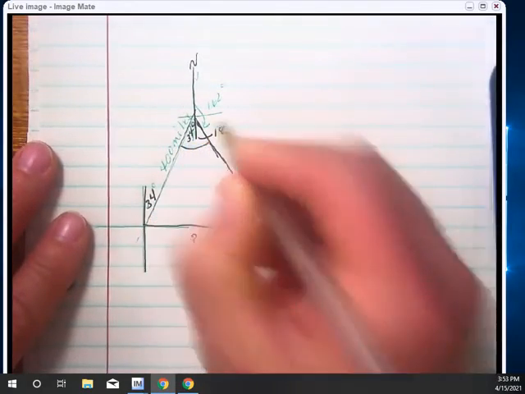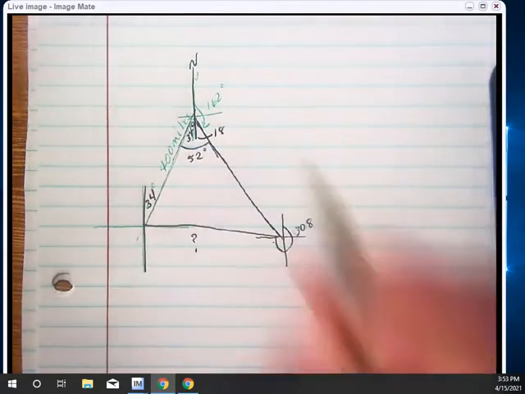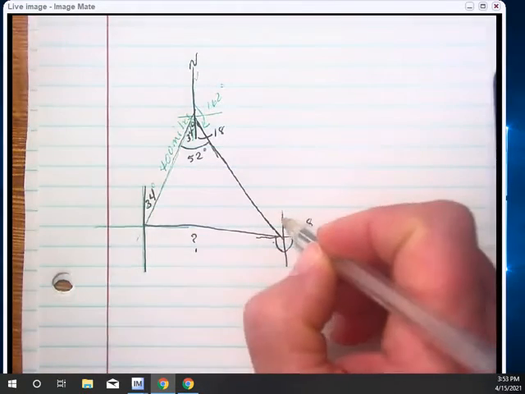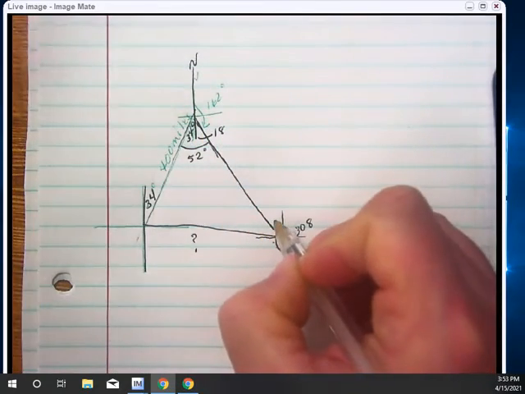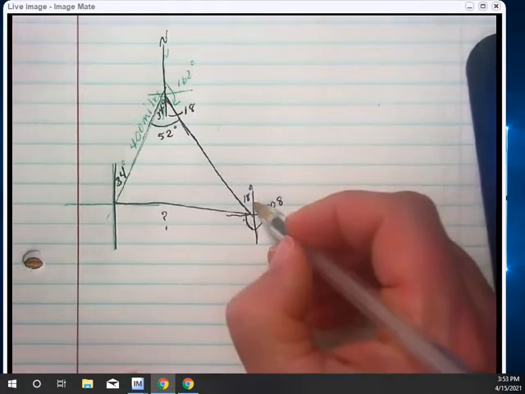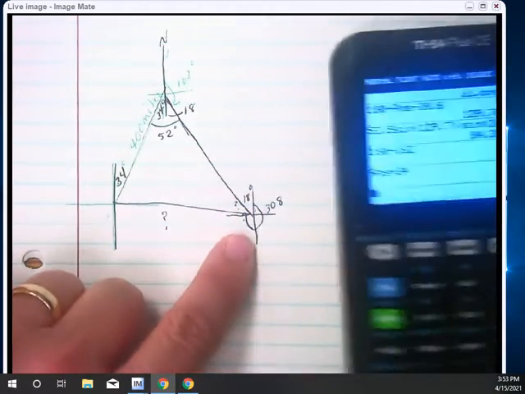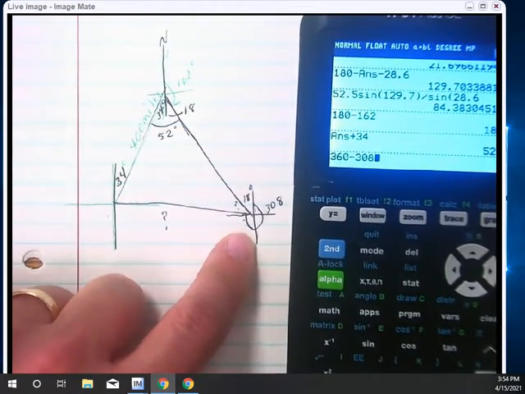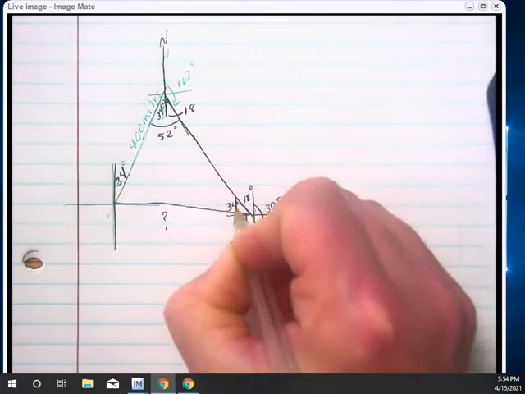And together, 18 plus 34 gives me the entire angle of 52 degrees. The parallel lines cut by the transversal tell me that the 18 degrees is on the inside. With the bearing of 308 degrees all the way around, all that I need left is this little inside piece. I know that 360 degrees is a full circle. Subtract off the 308 degrees bearing, subtract off the 18, gives me the inside of 34.